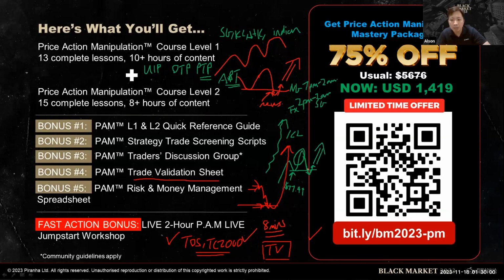I think we have no choice, because TOS recently had those issues. To help all my students, every week we post the scan results into the Discord channel, so some students really don't need to subscribe. They just follow the list and manually scan because it's already shortlisted.